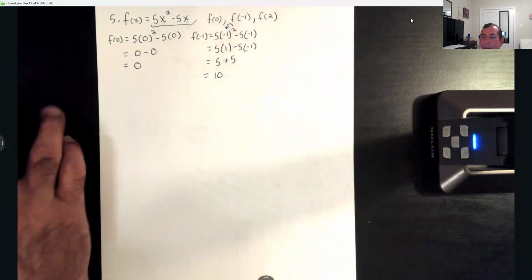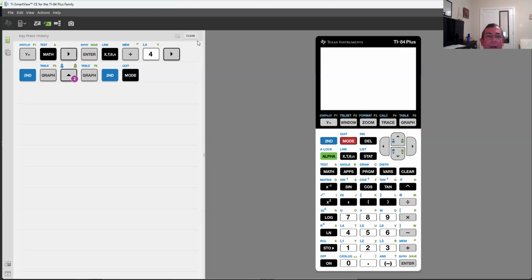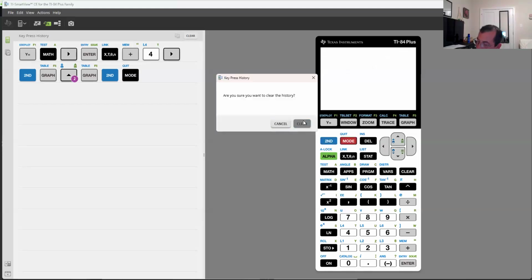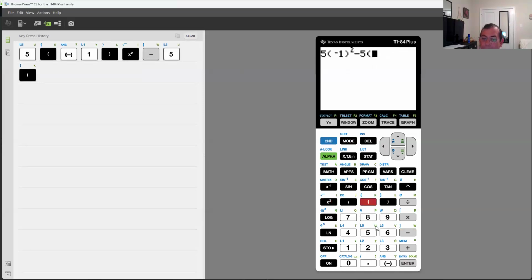Let's go to the calculator real quick. I hit second mode to quit that screen. I had 5 times parentheses -1, close parentheses, squared, minus 5 times parentheses -1. When you hit enter, you get 10, just like we got.